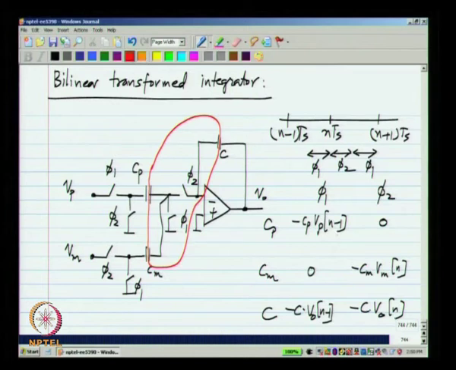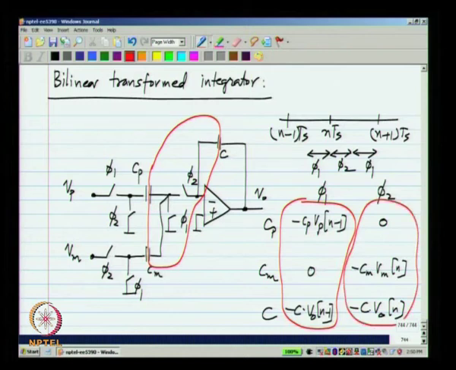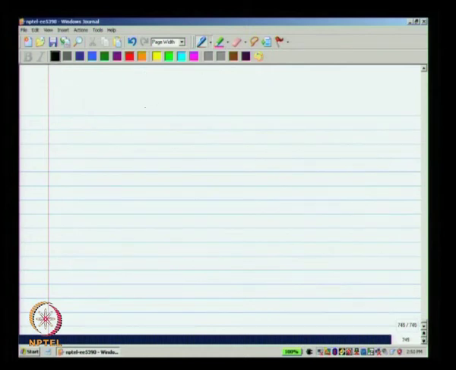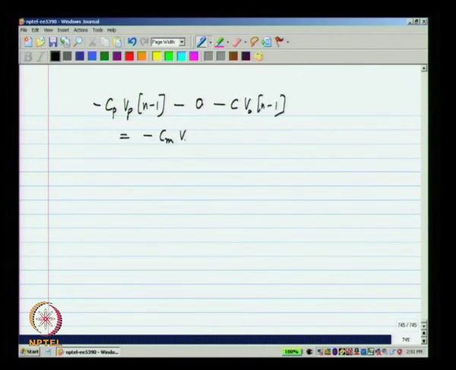Okay. And the sum of these must be equal to the sum of those, because the charge cannot go anywhere, and that will give you the difference equation that Cp Vp of n minus 1 minus 0 minus C V of n minus 1 equals minus Cm Vm equals 0 minus Cm Vm of n minus 1 minus C V of n.